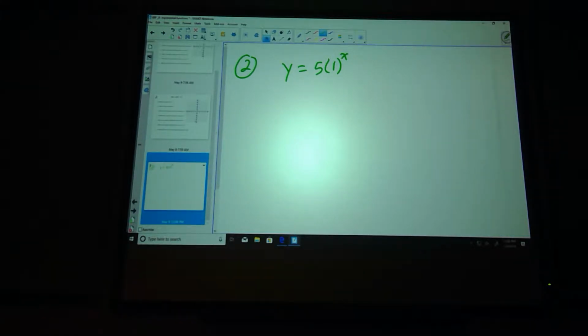Let's plug 0 in. 1 to the 0 is 1. 1 times 5 is 5. Let's plug 1 in. 1 to the first is 1. 1 to the second is 1. 1 to the third is 1. 1 to the 155,000 is 1. So we're just going to keep getting 5 out the whole time. No matter what I plug in, I get 5 as an answer.